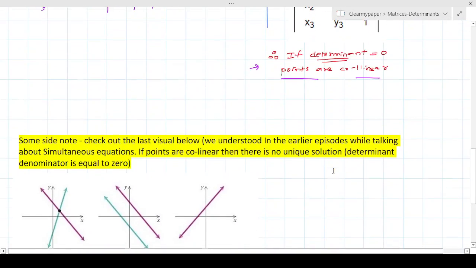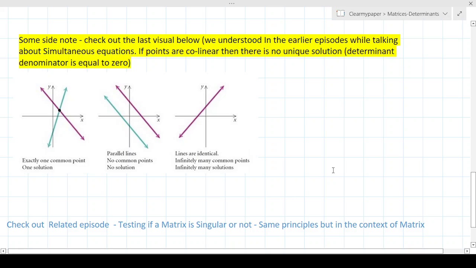And if you recall, in one of the earlier episodes, I was using this kind of visual to explain what it means when we solve simultaneous equations from a geometric standpoint, whether it has a solution or not. When we checked out this last piece, we determined that if all the points are on the same line, there is not one solution to the simultaneous equation, because if there's a line, this point satisfies this equation, this point satisfies, this point satisfies.